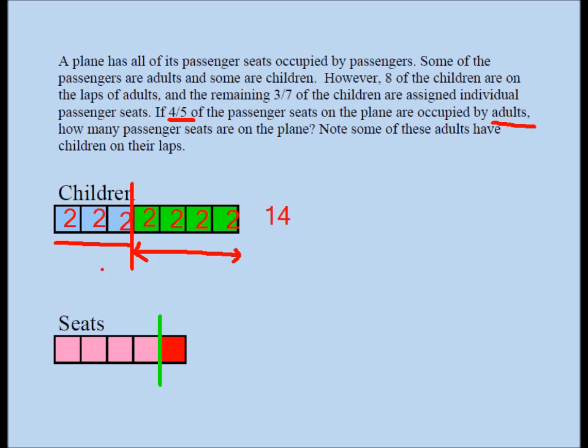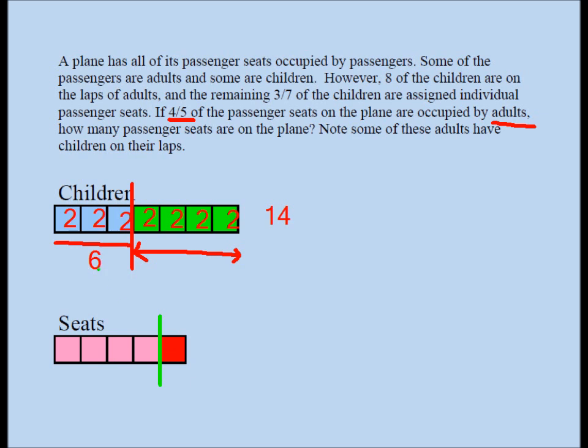Okay, now from the first fraction, or from this first picture, I can conclude that 6 children are seated. Now if you bring that here, I have 6 here. Take a look at this one. We have 4/5 of the seats are occupied by adults, so 1/5 of the seats are occupied by children.